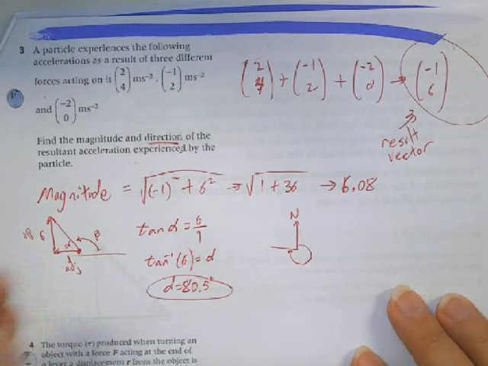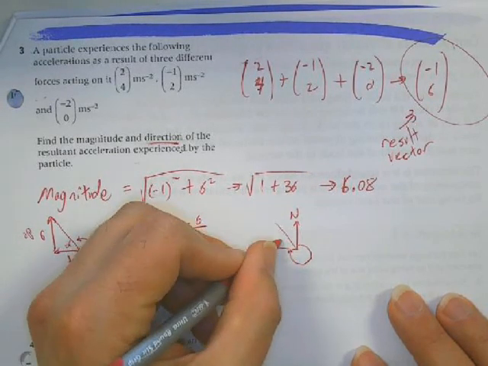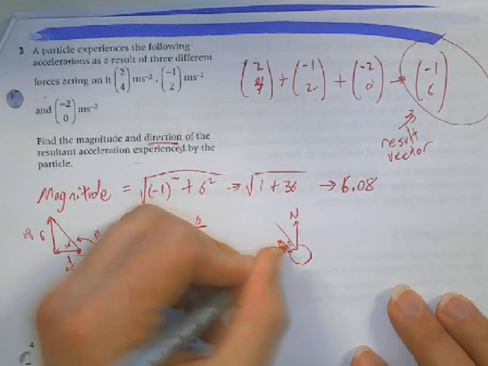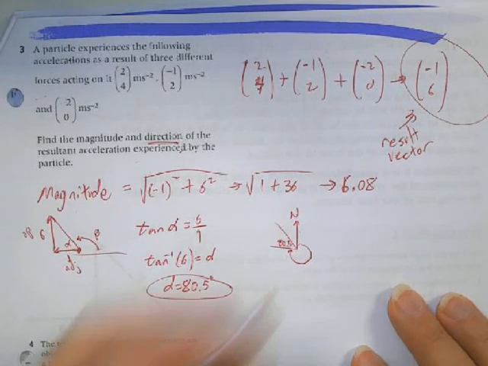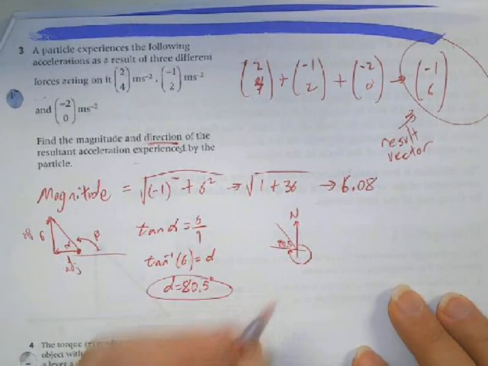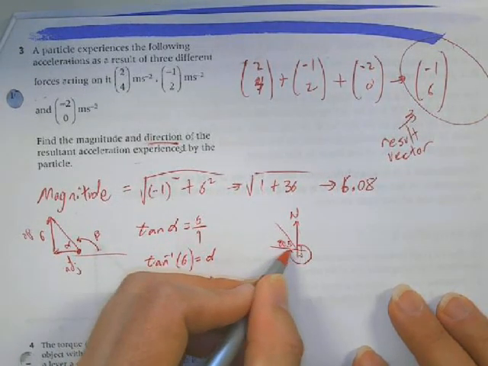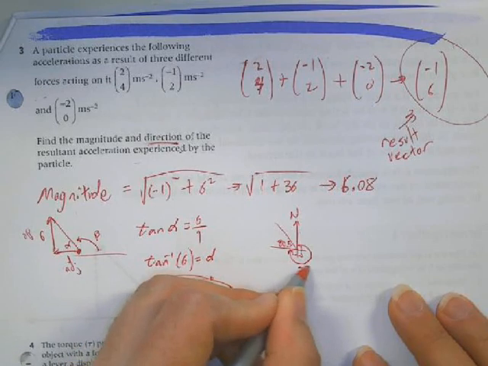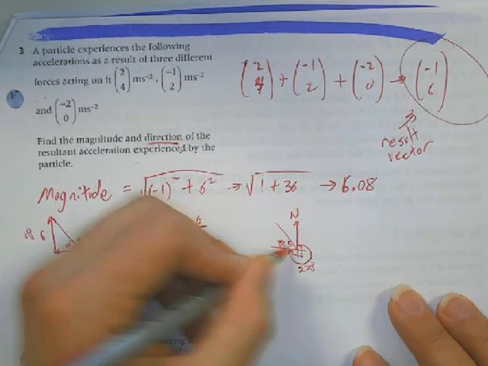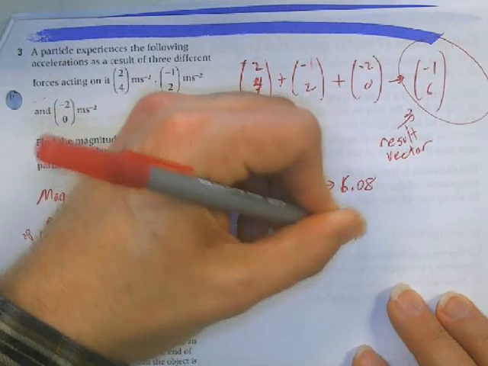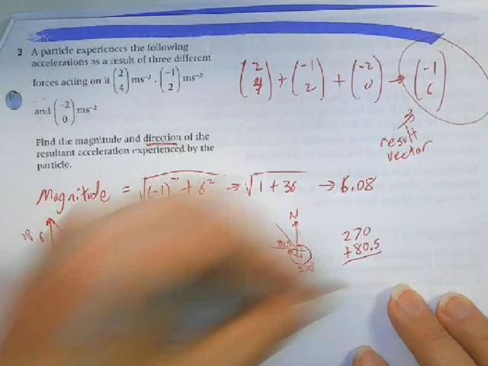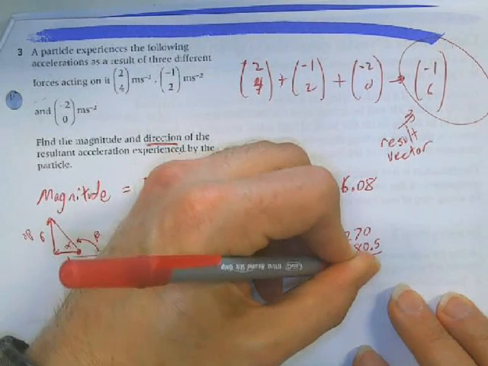And now I know that this is 80.5. Well, from here to here to here, there's 3 90-degree angles. So 90 plus 90 plus 90, that's 270. So to figure out from here to here, I'm going to have 270 plus 80.5, and I'm going to say I have 350.5 degrees.